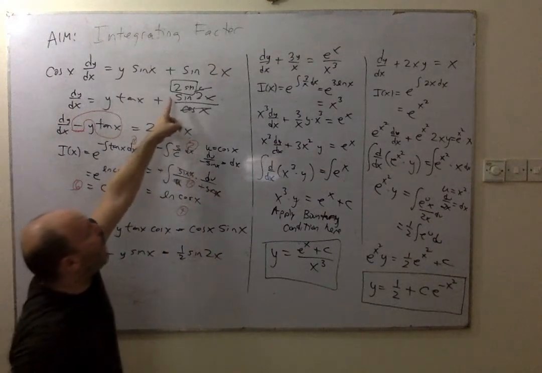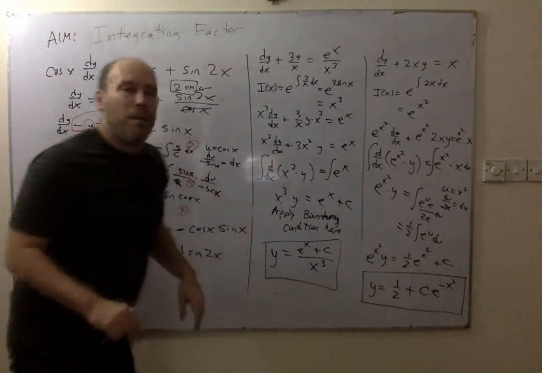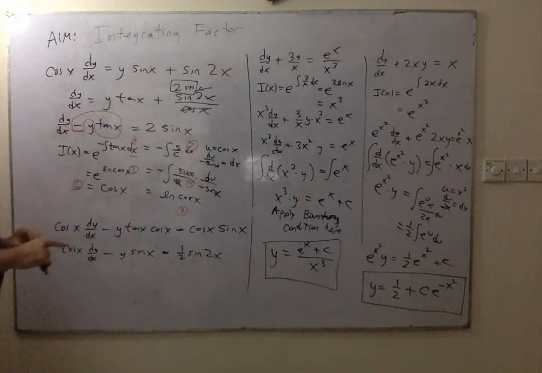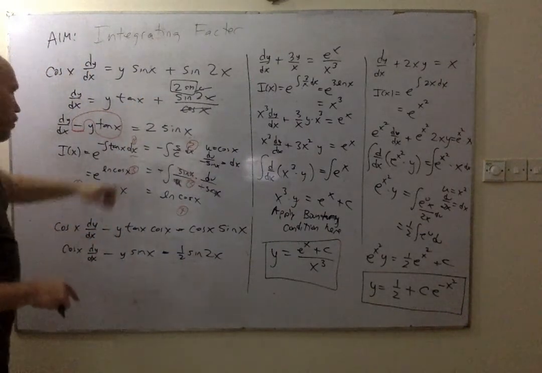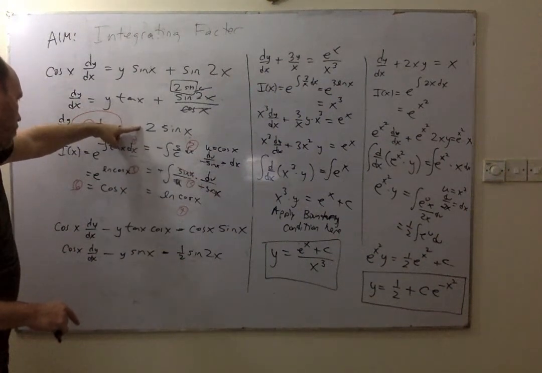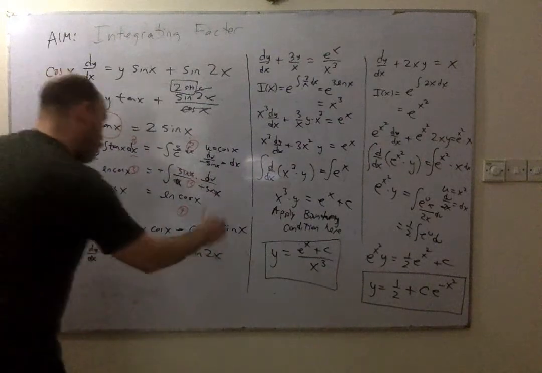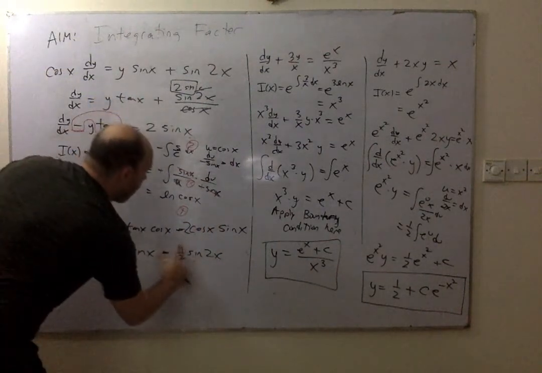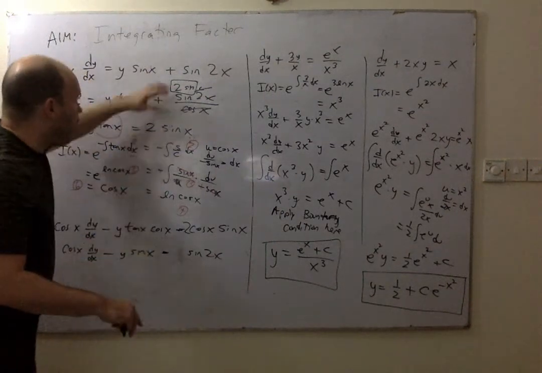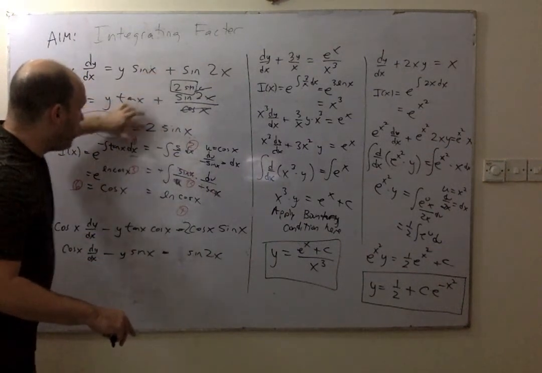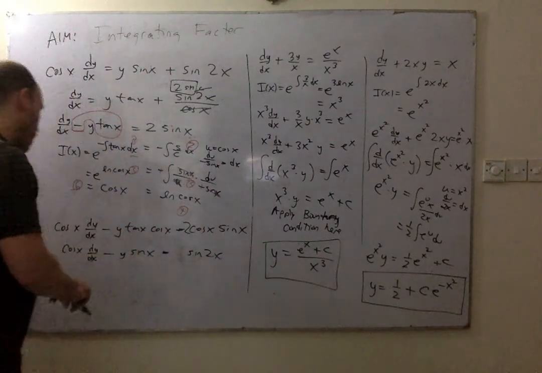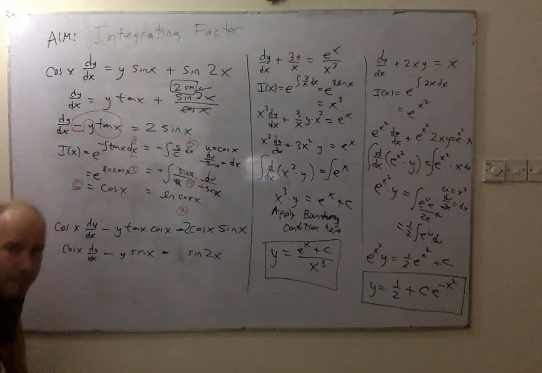Maybe I should have just left that. Oh, I forgot the 2, right? There should be a 2 here. Oh, this works out very nice. Once again, excuse my mistake. There was a 2 up here, right? Nice. Perfect.